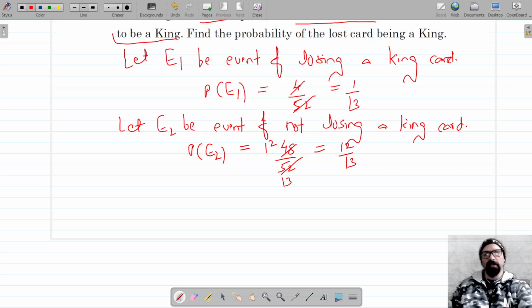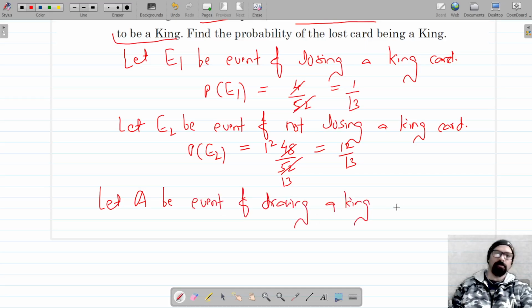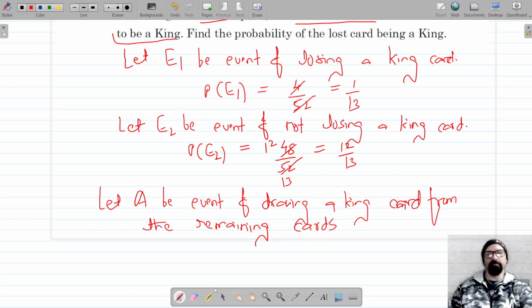So the card is lost, and now we have to draw a card, and let's say A be the event of drawing a king card from the remaining 51 cards. When the card is lost, it could be a king or it cannot be a king.